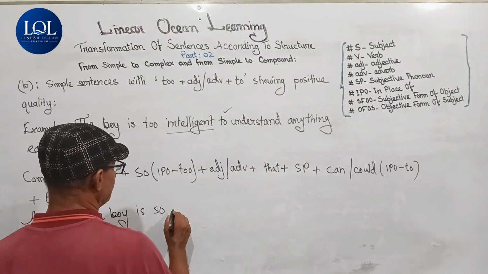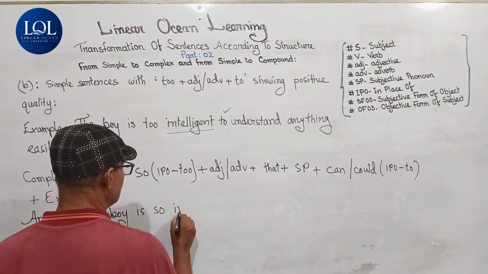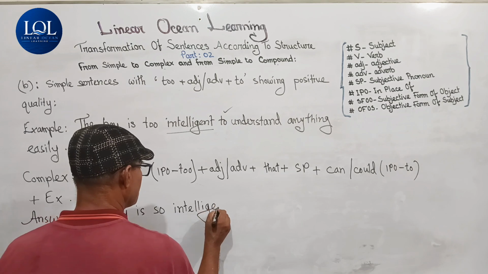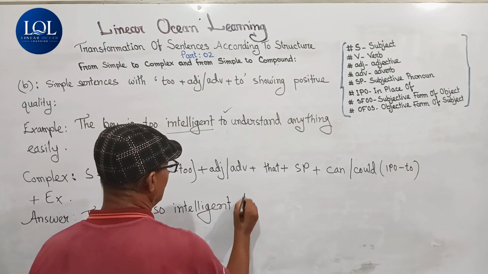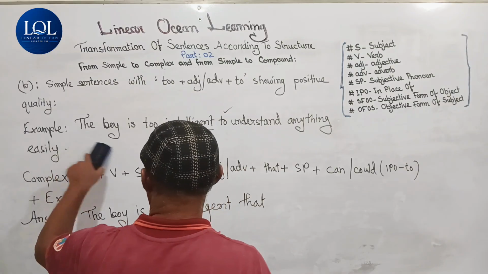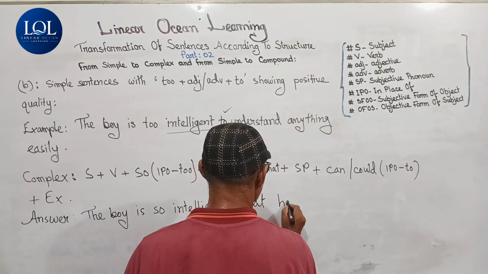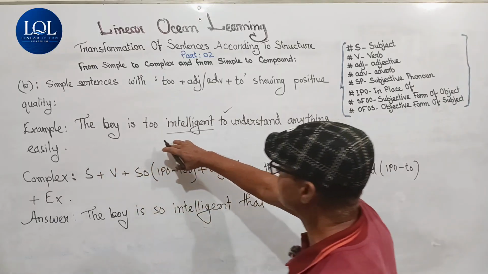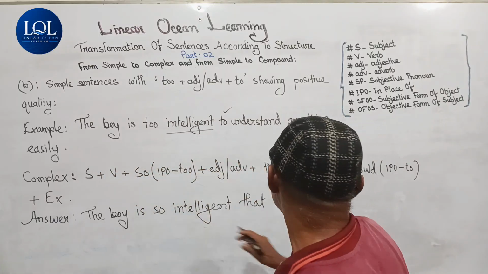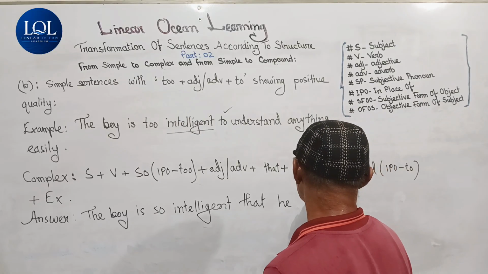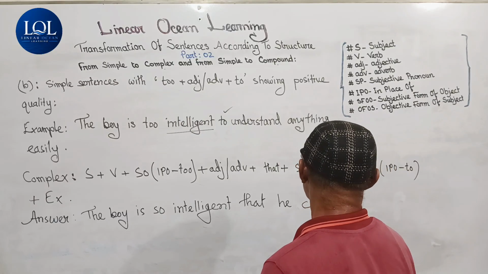Intelligent here is adjective, so intelligent that, plus subjective pronoun for the boy is he. Then so long as the sentence is in present indefinite tense, the auxiliary verb we have to write is "can", he can.